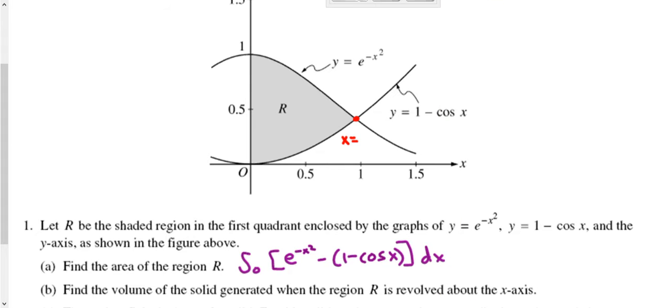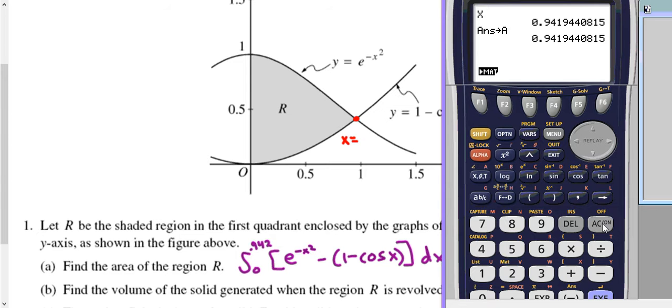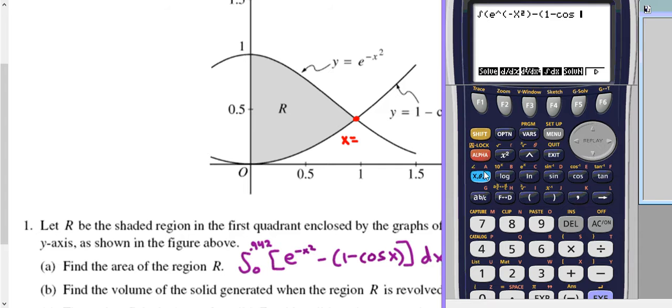So on here, let's get rid of that. I'm just going to put in here 0.942. But when I enter this on my calculator, I'm going to go ahead and use that stored value. So I'm going to go to Option, over to Calculate, Integrate, and I'm going to do the e to the negative x squared, and I'm going to subtract a 1 minus cosine of x.